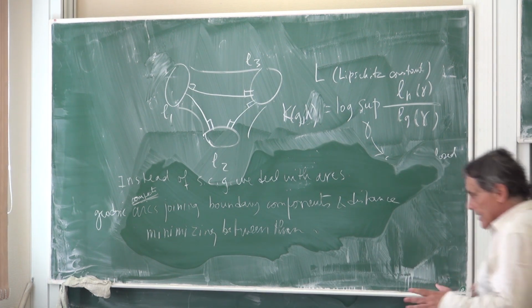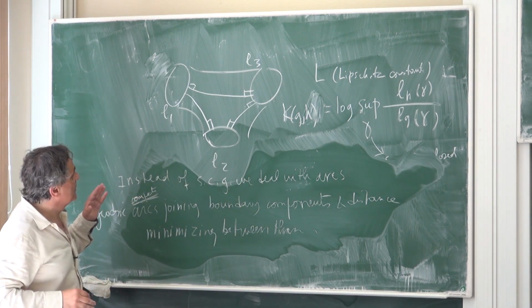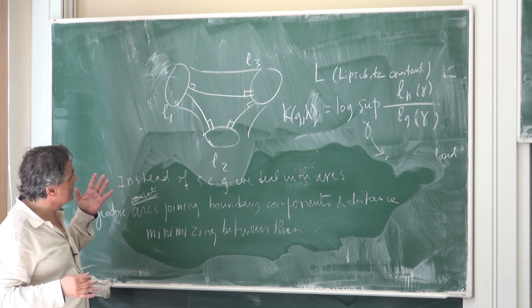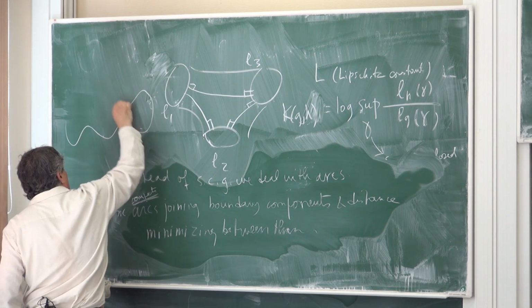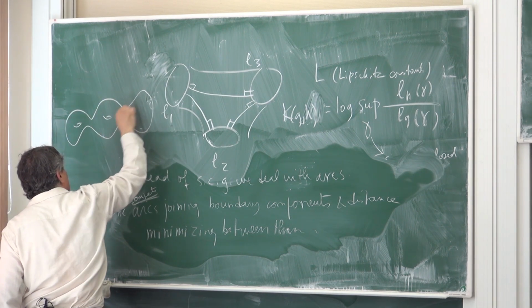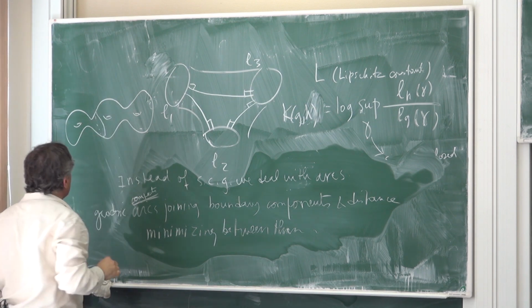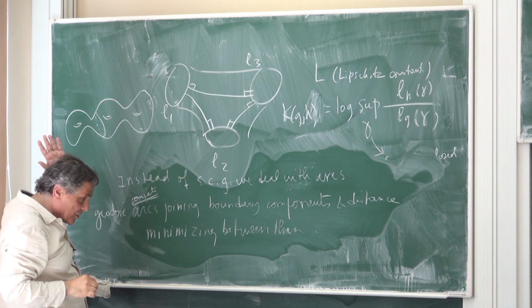And now there are some basic geometric results which you need. For instance, if you believe the fact that in any homotopy class of simple closed curve in the surface there is a unique geodesic.